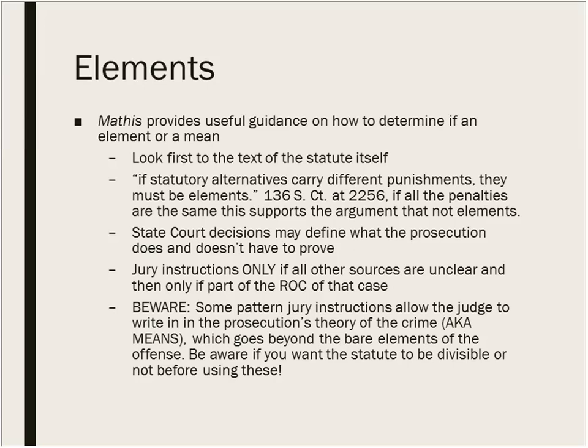And what do you look at under Mathis? First, you look to the text of the statute, and that can provide clues. Sometimes it can feel definitive. The second place that you can look is at the penal provisions, and if the statutory alternatives carry different punishments, then they have to be different elements.